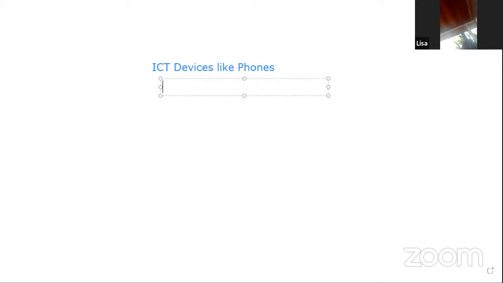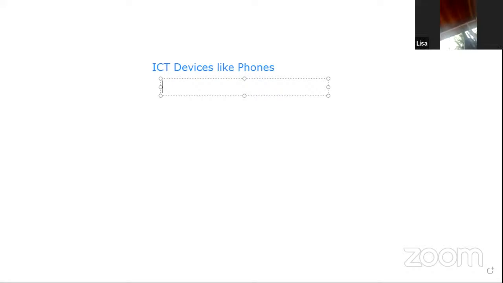And also ICT, like what she talked about, the robots. The robots destroy humans.